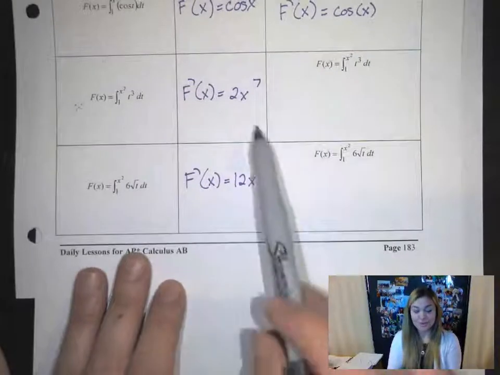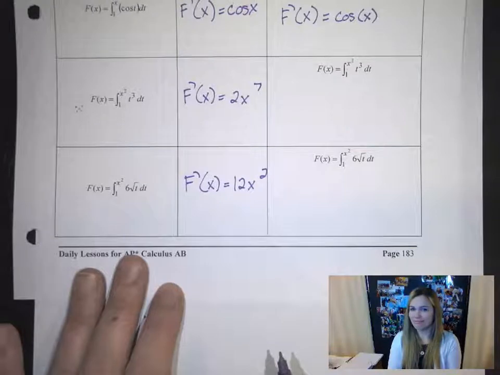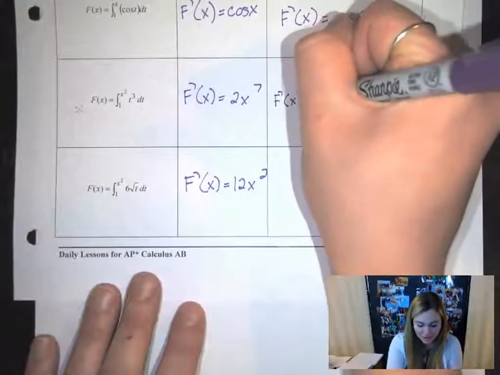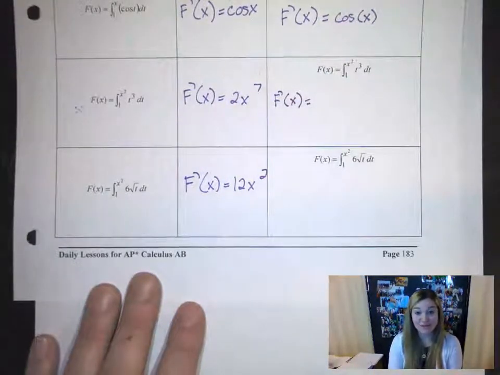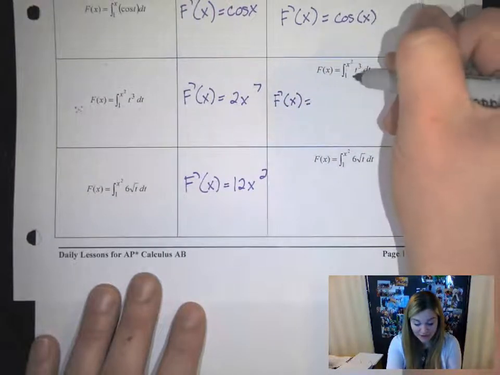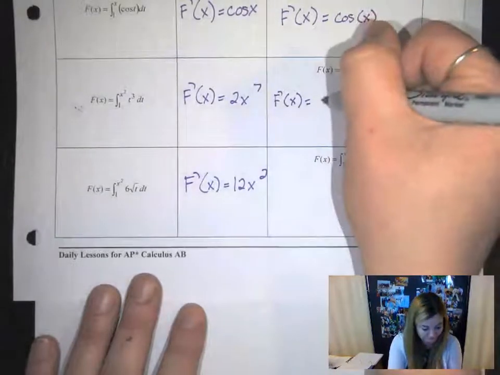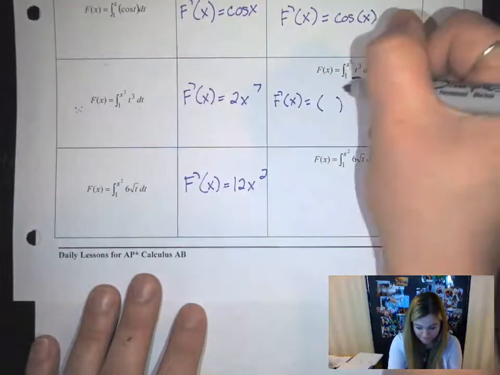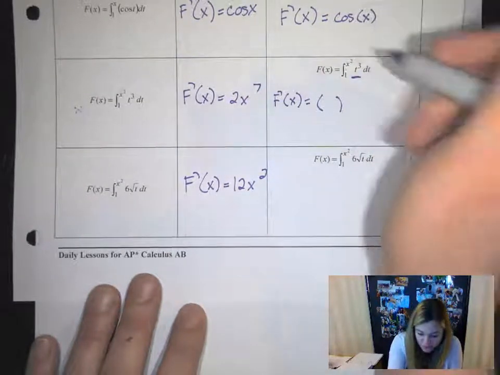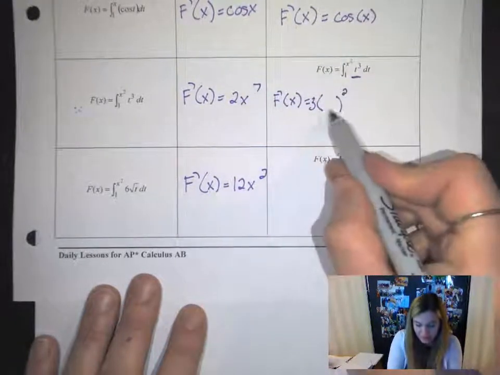Down here, the reason why these answers are different is because we have to actually do the chain rule. Crazy, right? So when I take the derivative of this function, I take the derivative of the outside. So you see the outside, the derivative of this entire integral would be this, right? If I took the derivative here, I would get 3 times something squared.